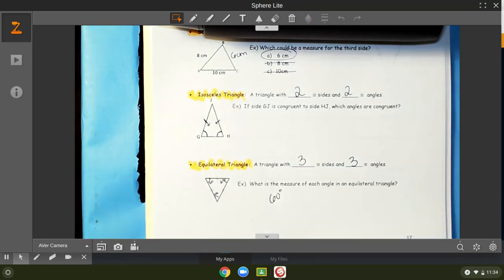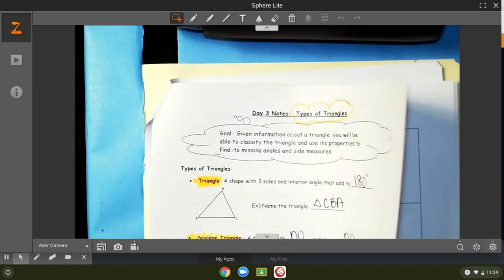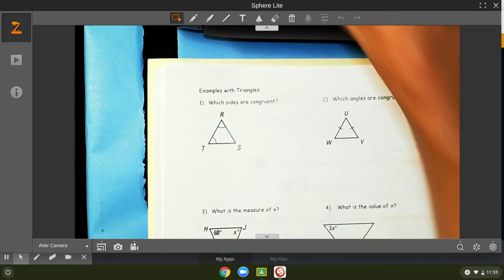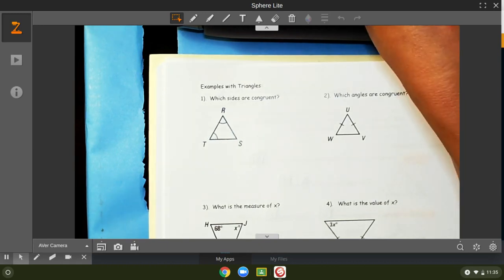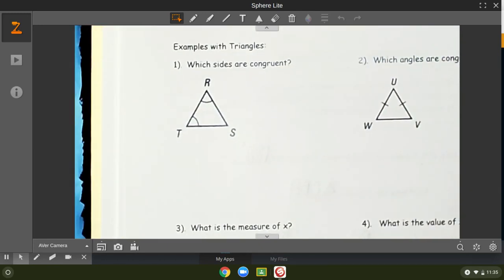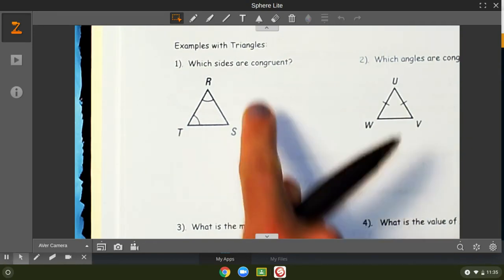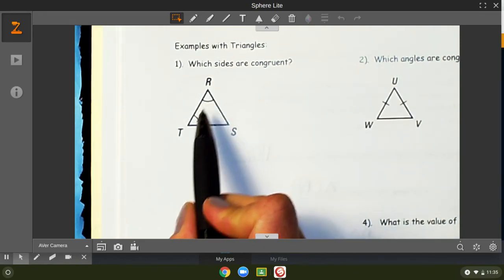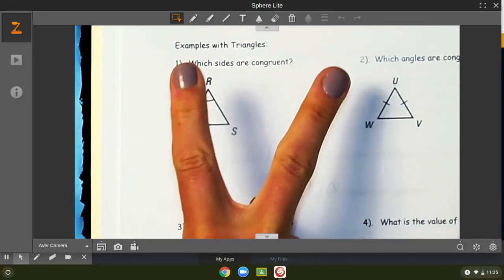All right, so now that we know our different types of triangles, we're going to start finding missing angles and missing sides. Examples with our triangles. I'm going to zoom in here. There we go. In number 1, which sides are congruent? If we look at this triangle, we notice we have 2 arcs. That means you have 2 equal angles, which means it's isosceles: 2 equal angles, 2 equal sides.